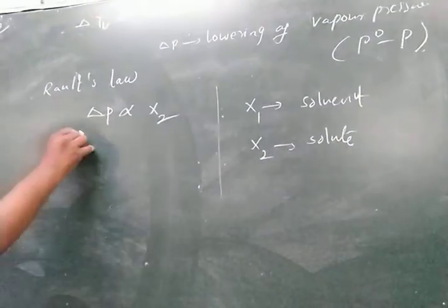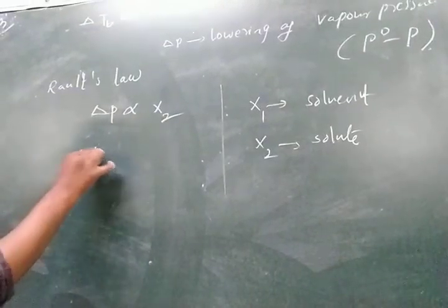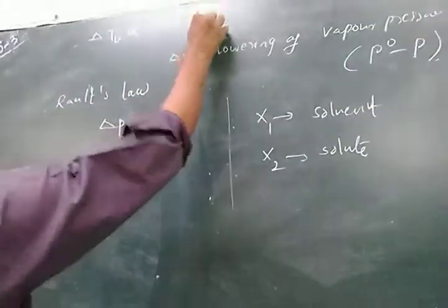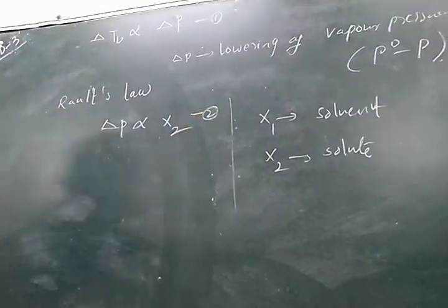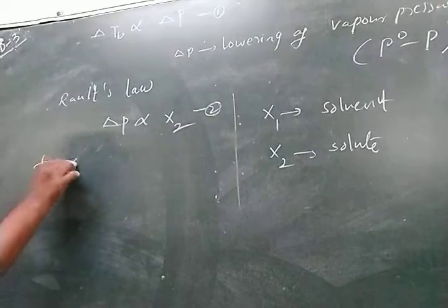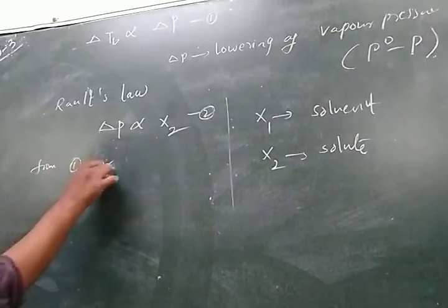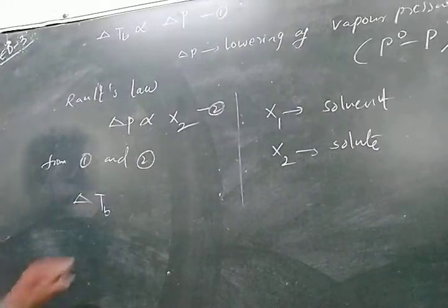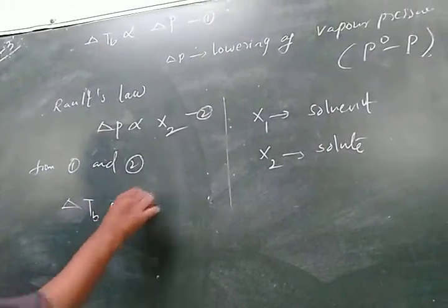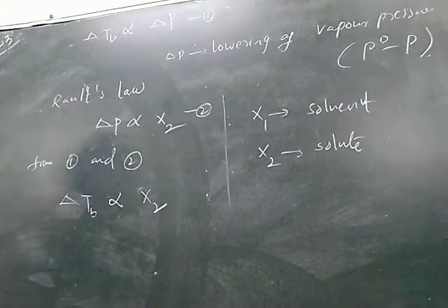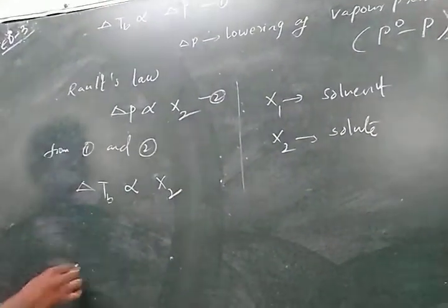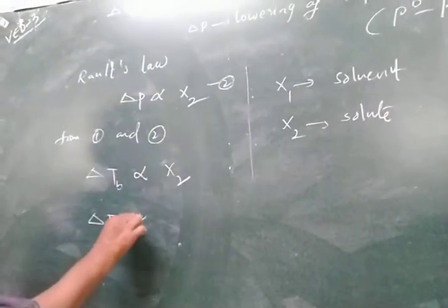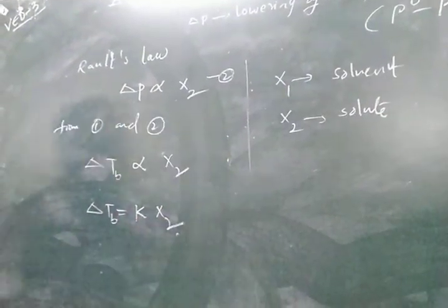So from equations 1 and 2, delta TB, the elevation of boiling point, is also directly proportional to the mole fraction of solute. From this, delta TB equals K into x2, where K is a constant.